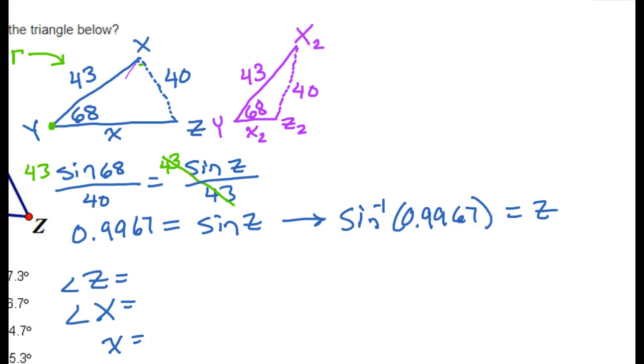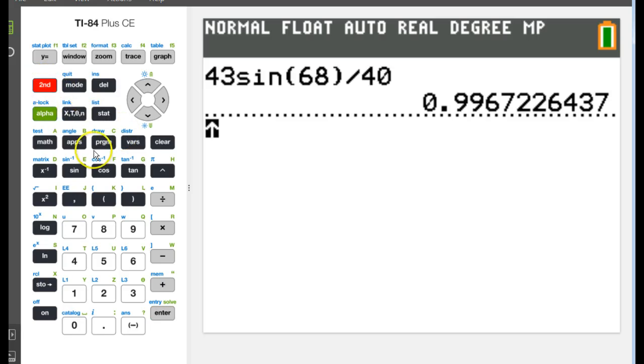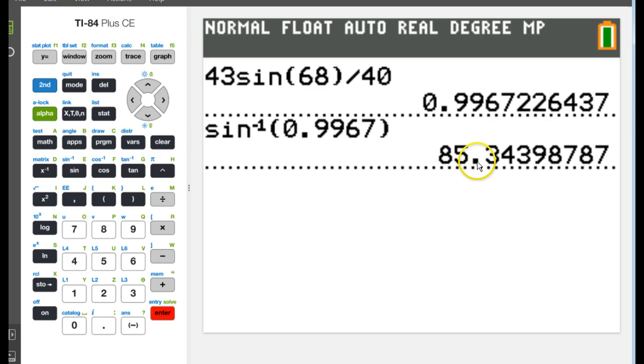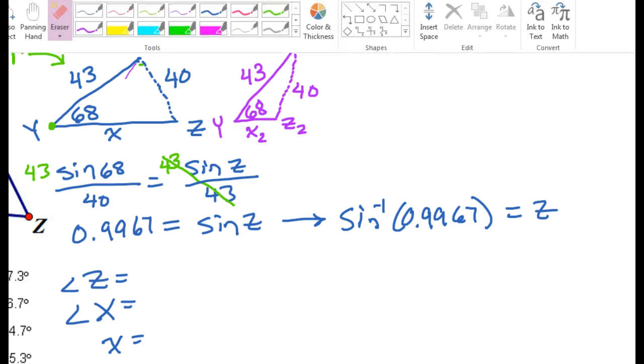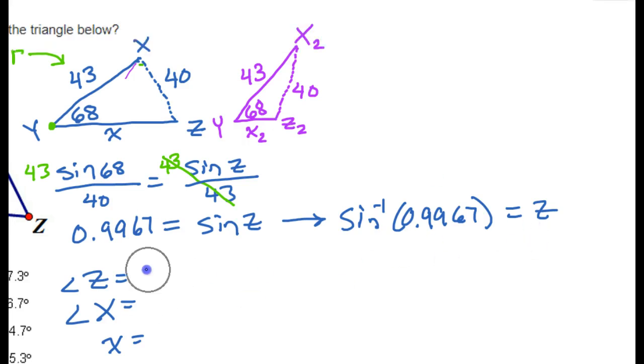So I'm going to put this in my calculator: inverse sine of 0.9967. By the way, make sure your calculator is in degree mode. Sometimes calculators revert to radians. We have degrees here, so you've got to be in degree mode. I'm getting 85.3. So angle Z is 85.3. Let me see if I can squeeze that in.